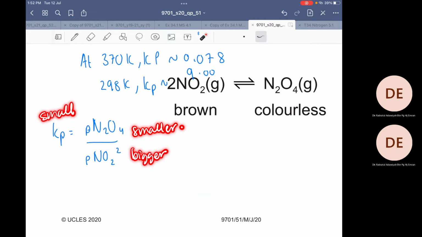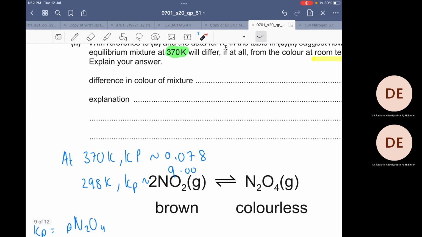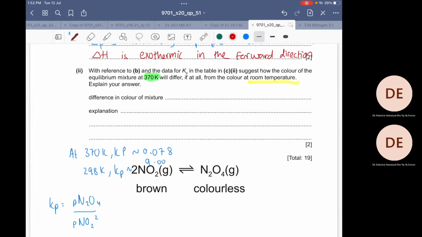Do you agree? Small Kp means you have bigger reactants or more reactants than products. So if there are more reactants, you would expect the color to be more brown. So the answer is the difference in color of mixture: dark brown at 370 Kelvin.